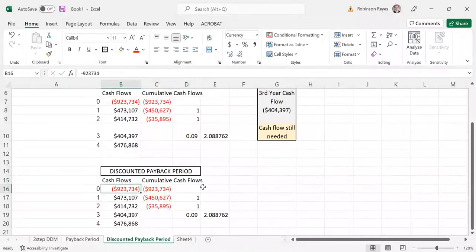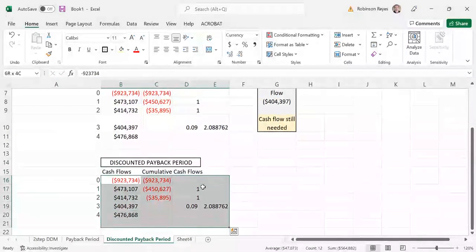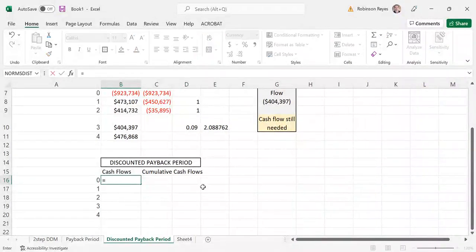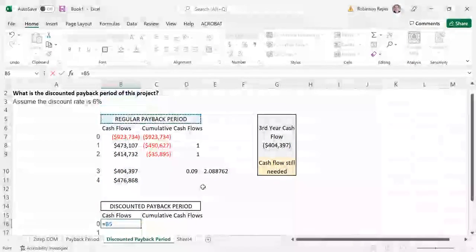And here, what we will do is follow the same method, but before we solve the problem, we're going to take step 0. The very first step will be to discount these cash flows.